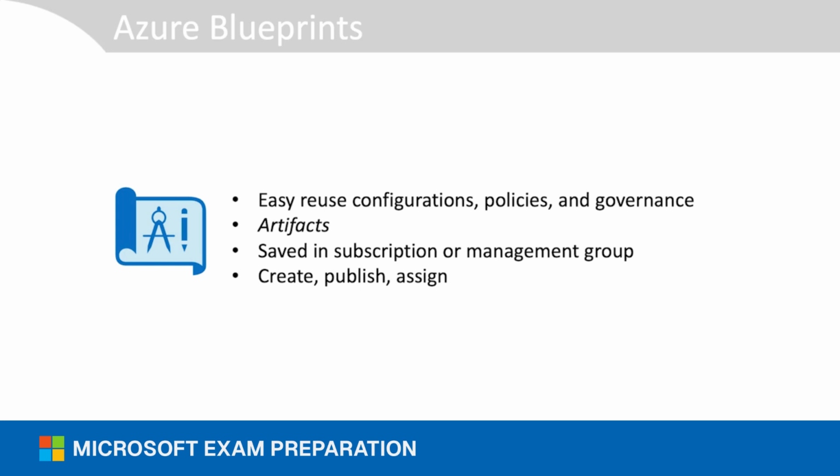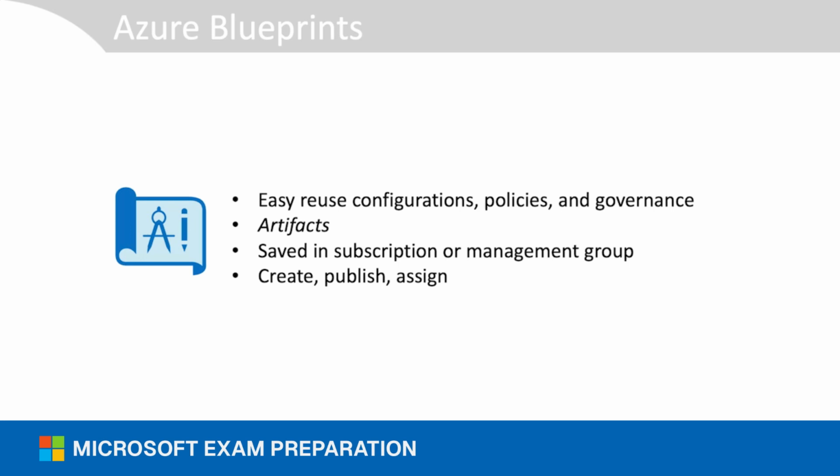Now, you might be wondering what the difference is between a blueprint and an ARM template. Well, you can include an ARM template inside a blueprint as an artifact. And in fact, most blueprints will use ARM templates for deploying Azure resources.